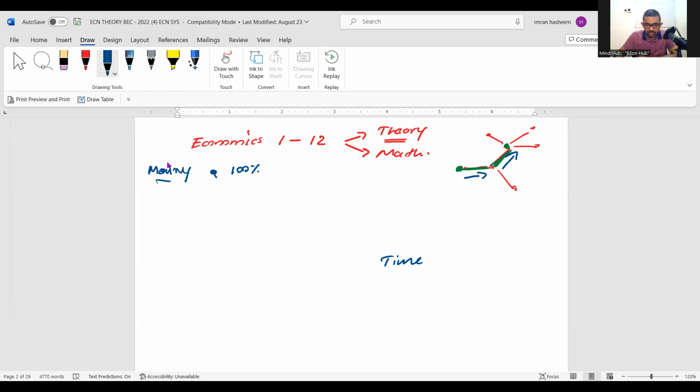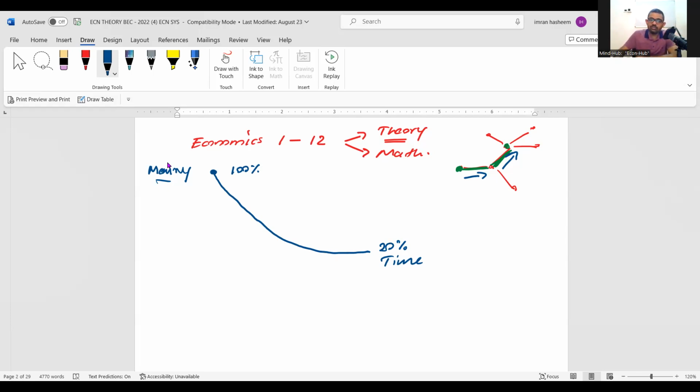Then the curve goes like this. It keeps on going down and then stays here with time. You go from 100% to about 20% at best. So memory reduces to 20%.